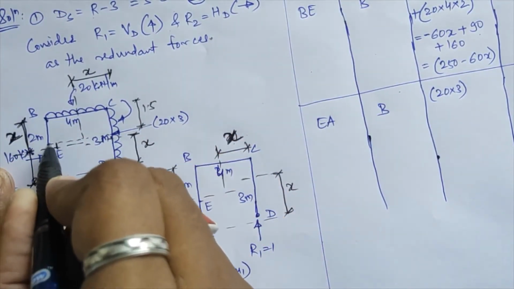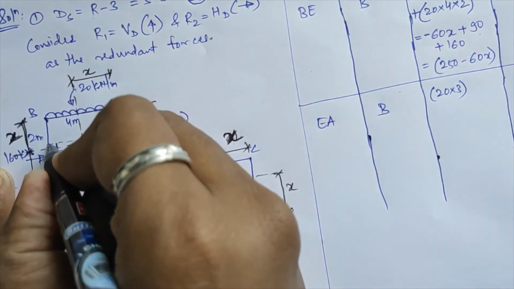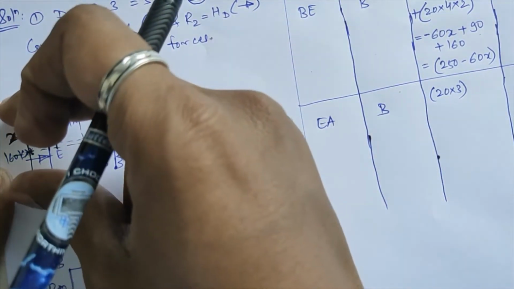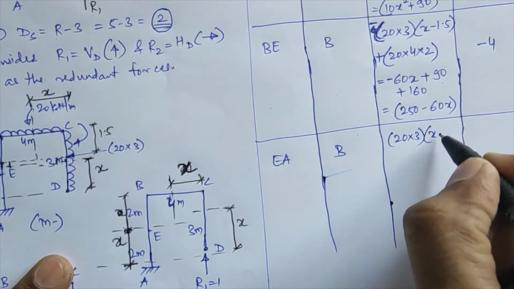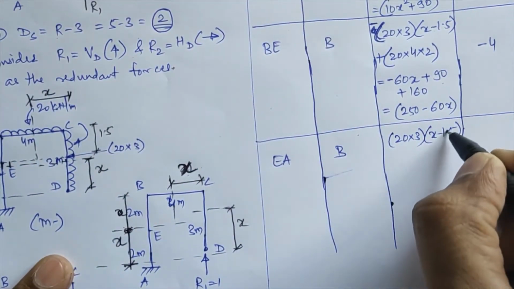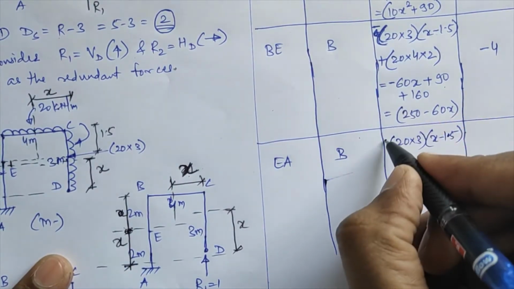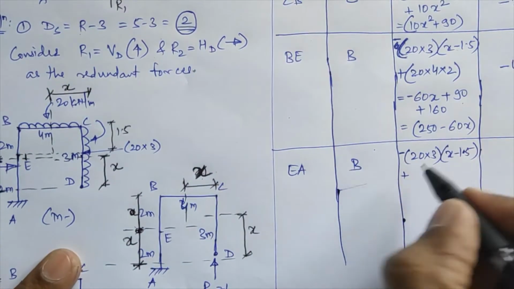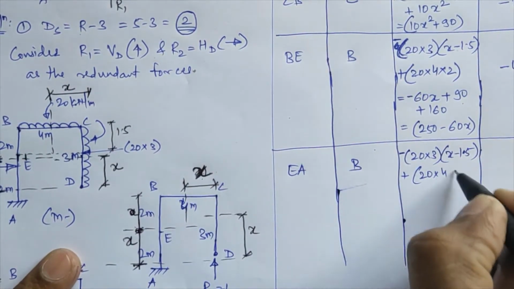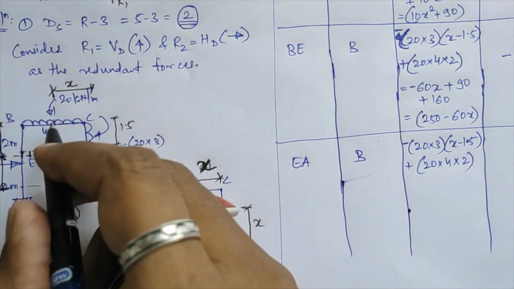So somewhere here it will be having influence. So lever arm of that force along this section will be how much? That will be x minus this 1.5. That is same, you are not changing the origin, so your moment value will remain again same, and that is an anti-clockwise moment, so again it will come negative. Plus moment of this UDL, that will come again same, 20 into 4 into 2, half of the 4.